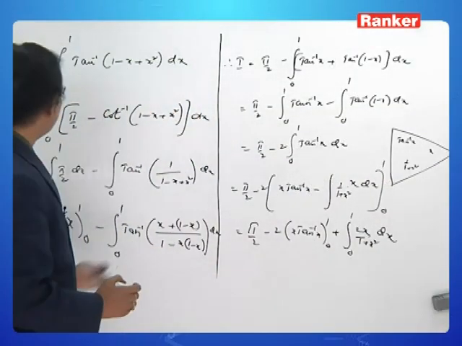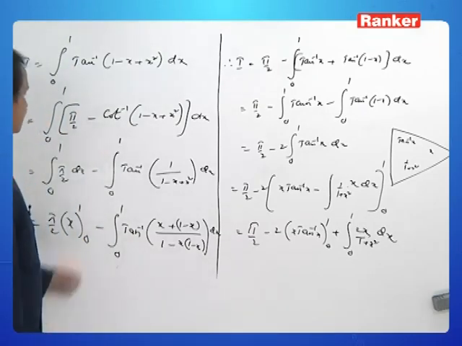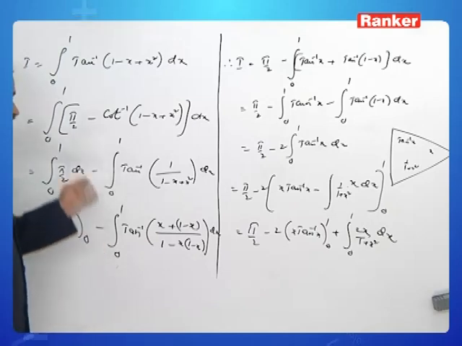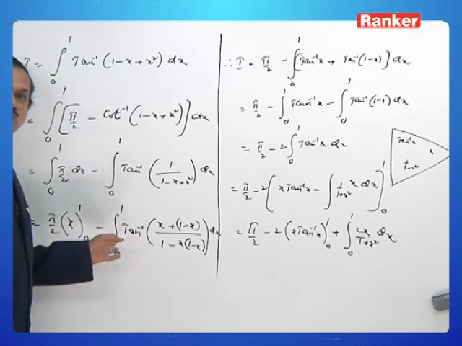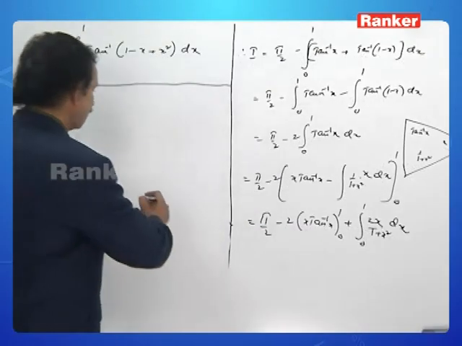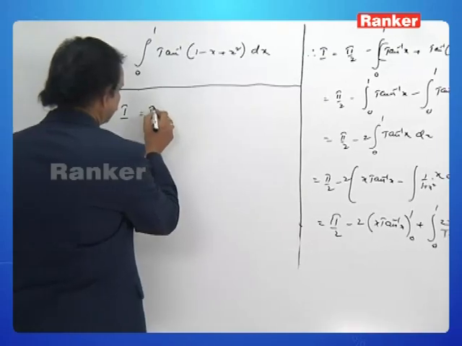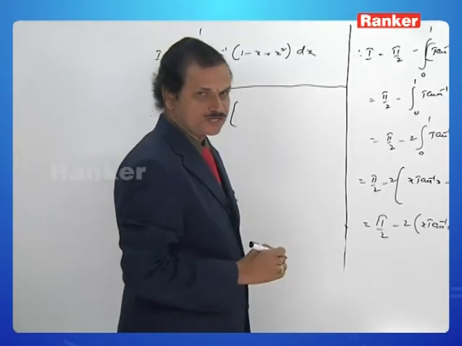This is all I is equal to, isn't it? Now, please follow these steps, keep these steps in mind. I would like to remove these steps, of course, to save space. This is pi by 2 minus 2 into, come on, substitute the limits.